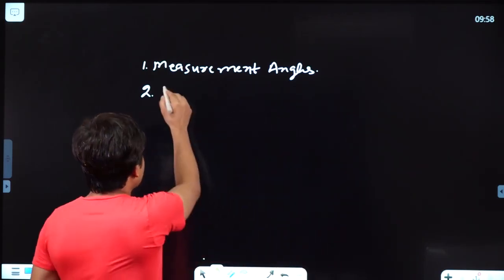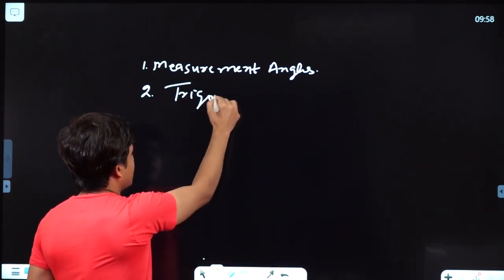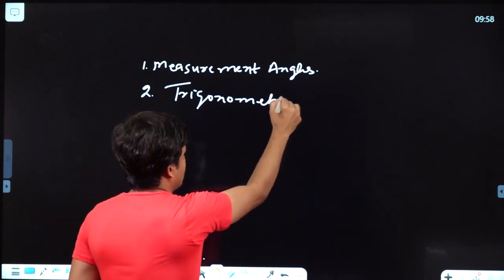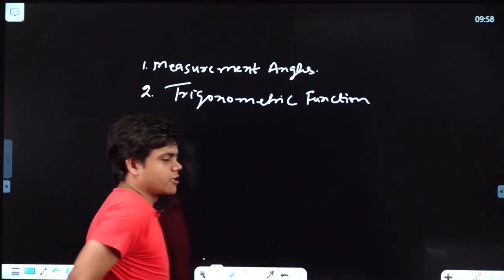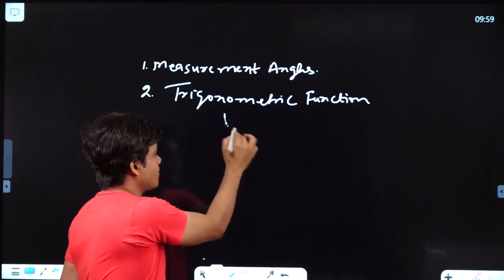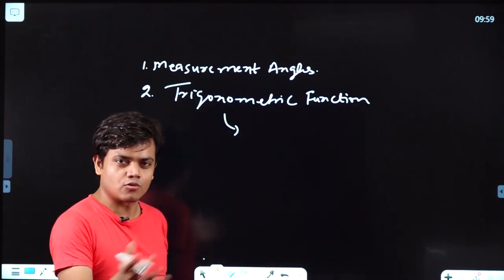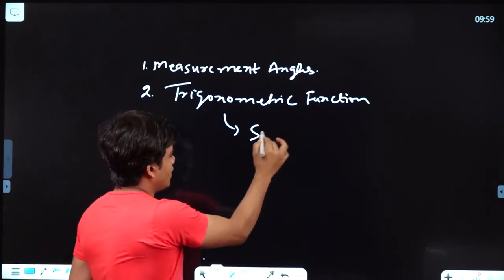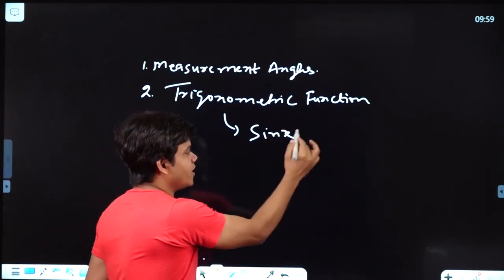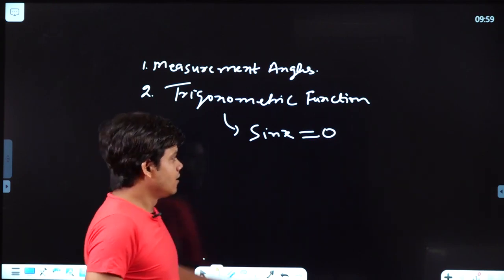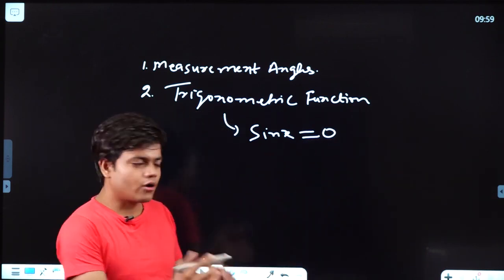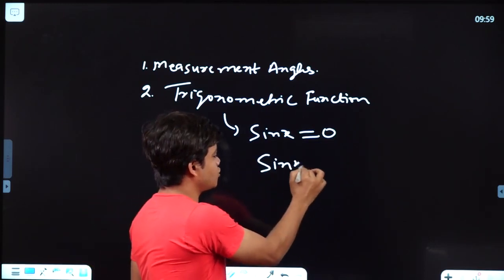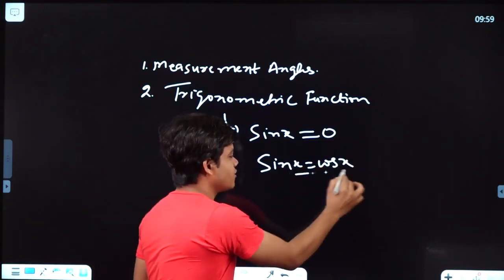So the second chapter is what? Trigonometric functions. All right, we will discuss sine, cos, tan, cot, sec, cosec, etc. If you equate this sin x with some constant like 0 or 1, or if you equate two trigonometric functions, then it becomes what?